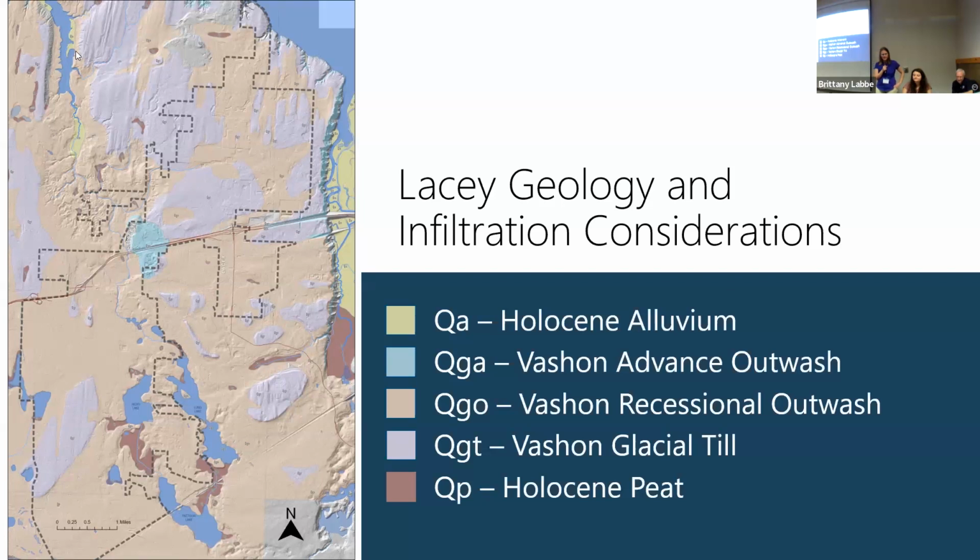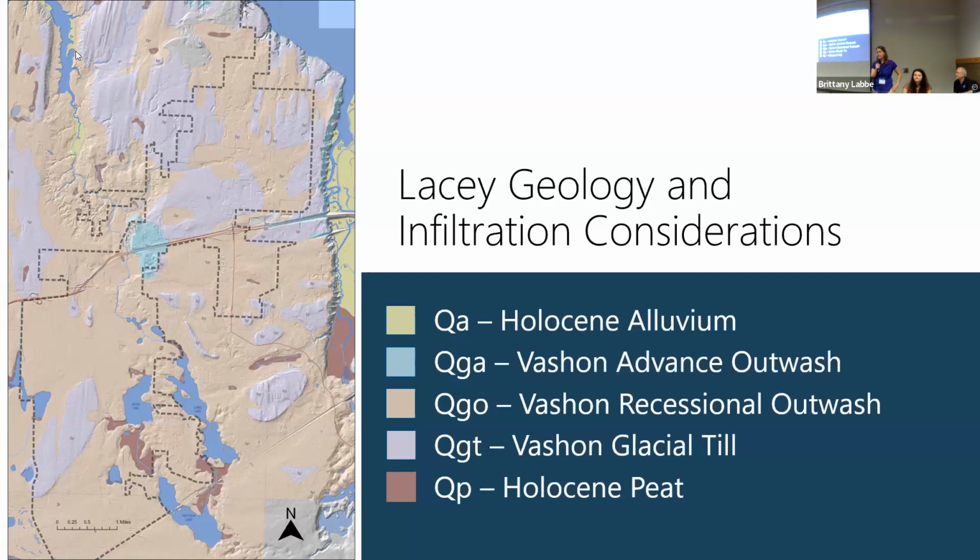The till is this kind of purple gray color. Yeah, purple on the screen, that light purple. The recessional outwash is the light brown or tan, and it's situated on top of the till. And then below the till is a unit called advance outwash. And advance outwash on this map is a light blue color, and there's not a lot of it exposed at the ground surface.